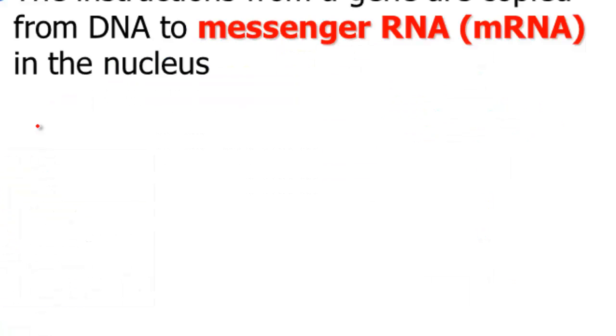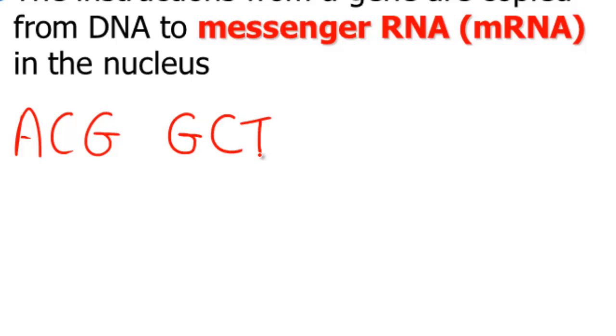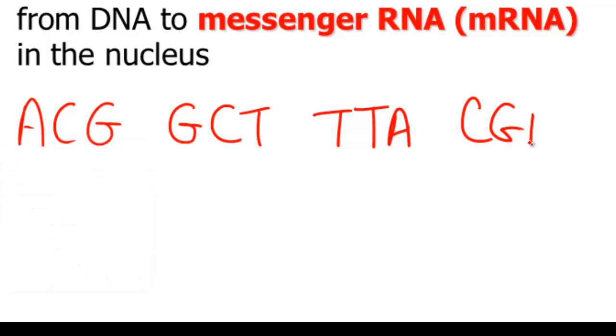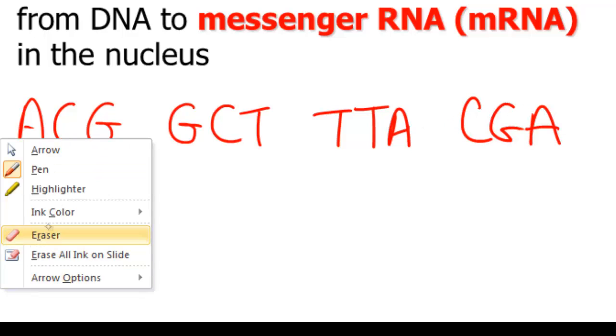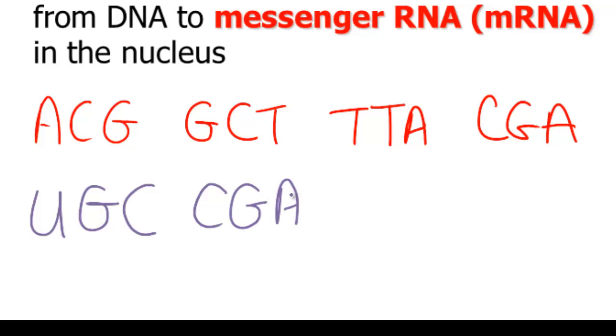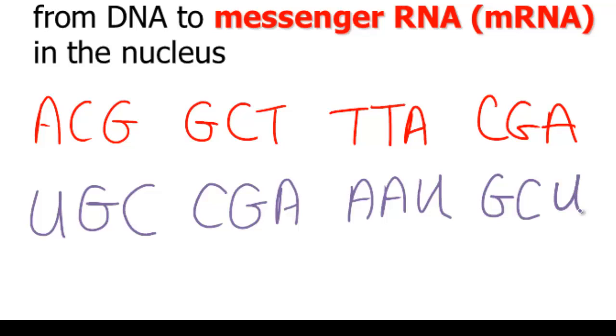If you take a look at this piece of DNA, A, C, G, G, C, T, T, T, A, C, G, A, and you transcribed it into an mRNA, then you would get A codes with U, so U, G, C, C, G, A, A, A, U, G, C, U. So instead of T's, you do U's with the mRNA.